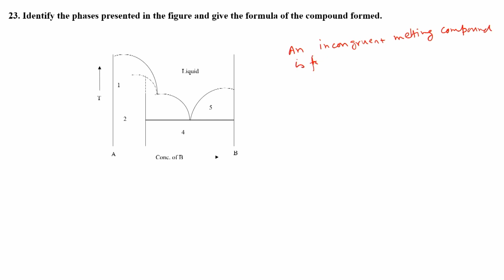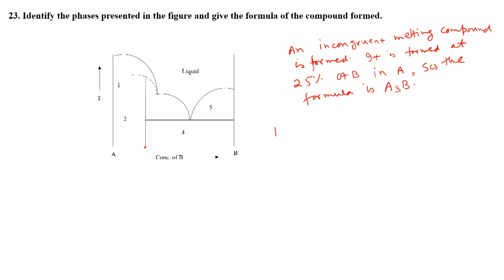It is formed at roughly 25% of B in A. So this is forming here somewhere for this concentration of B. So concentration of B is 25% here, so concentration of A is 75%. The formula is A3B.